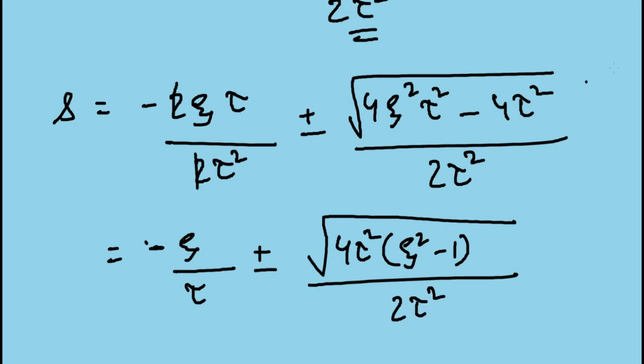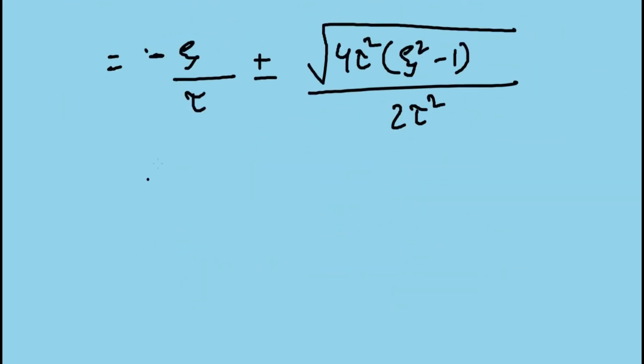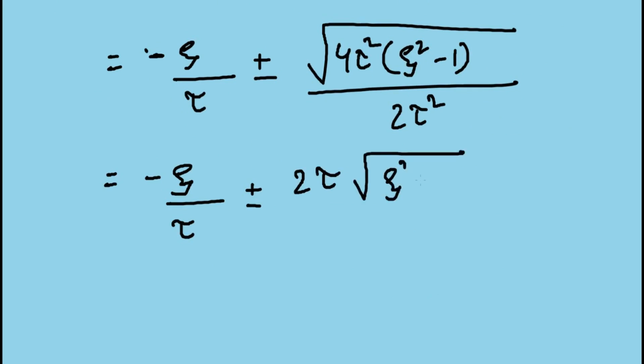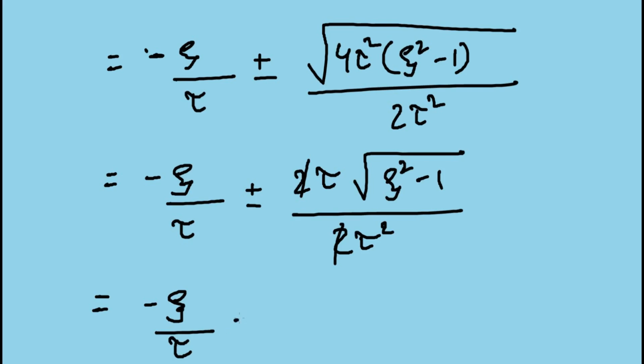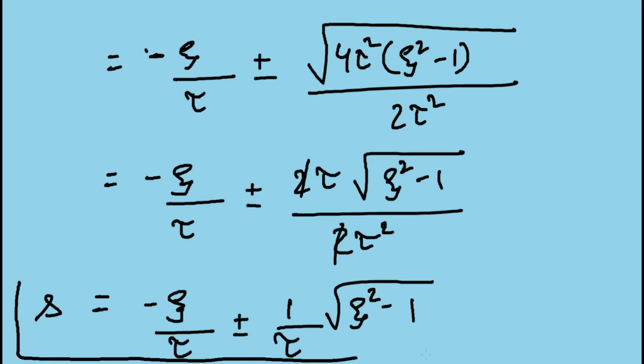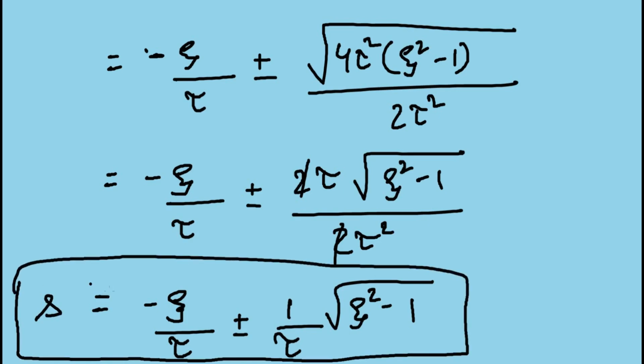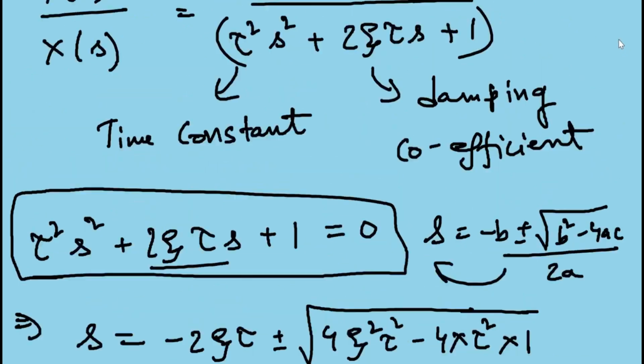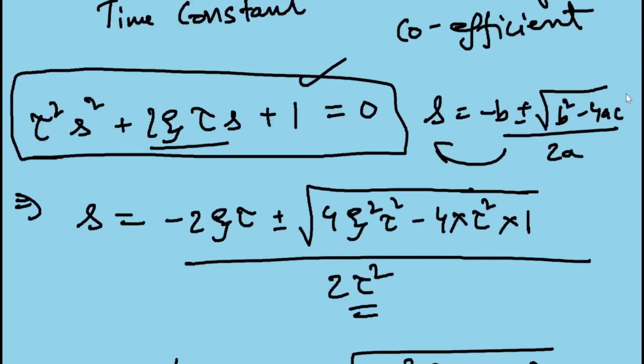The 4 tau square comes out of the root as 2 tau, so the 2 will get cancelled. What I have is minus zeta by tau plus minus 1 by tau root zeta square minus 1. These are the generalized roots of the characteristic equation for a second order system.